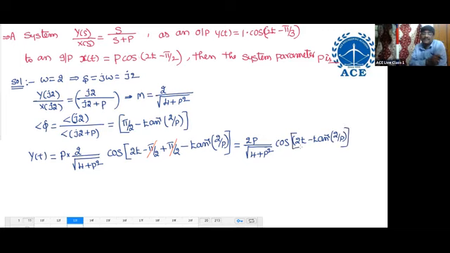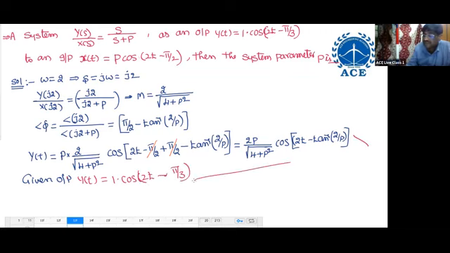Now compare with the given output. What is the given output? Y of t given is 1 cos of 2t minus pi by 3. Compare these two. First compare magnitude.